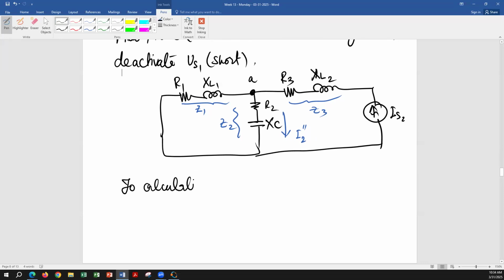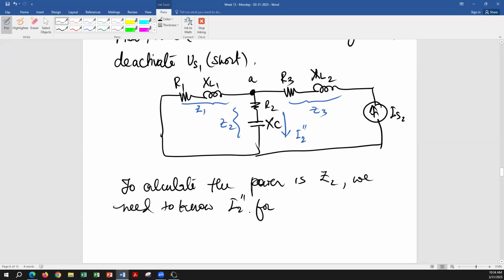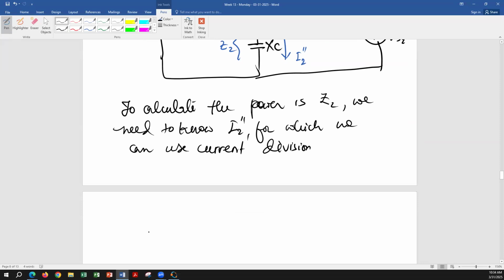To calculate the power in Z2, we need to know I2 double prime, for which we can use current division. Let's do the current division.